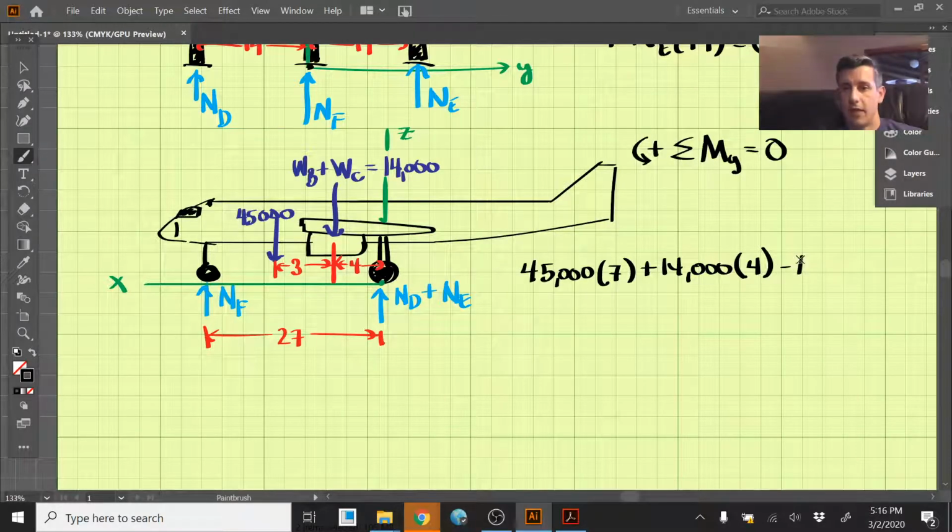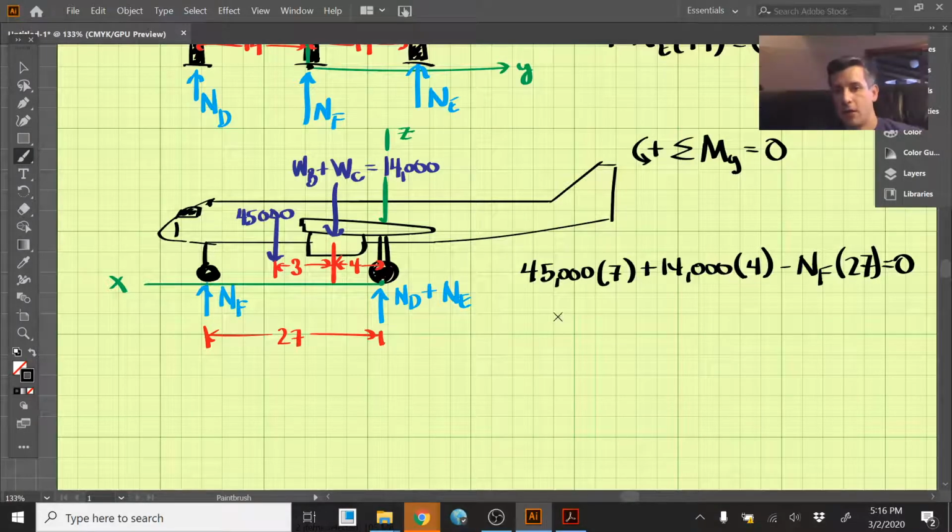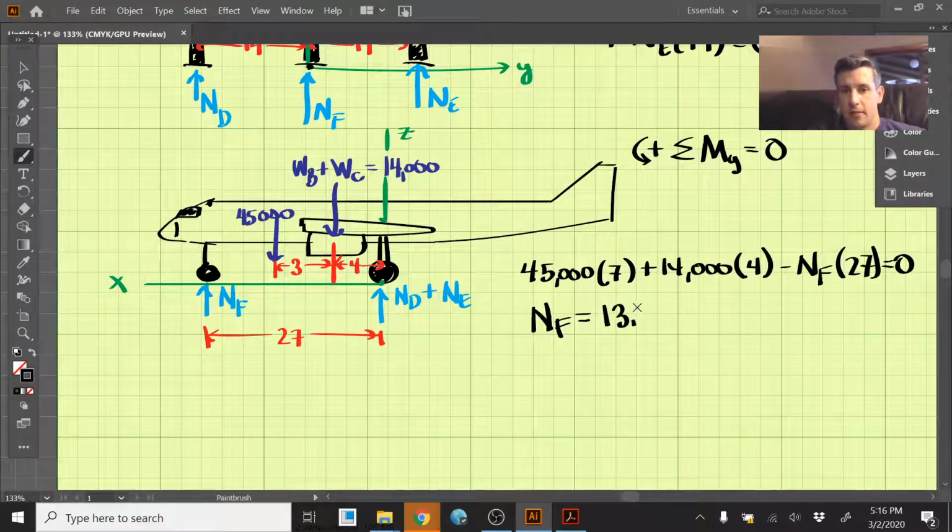So we have negative NF times 27, and that's equal to 0. We can solve that directly, and NF is equal to 13.7 kips.